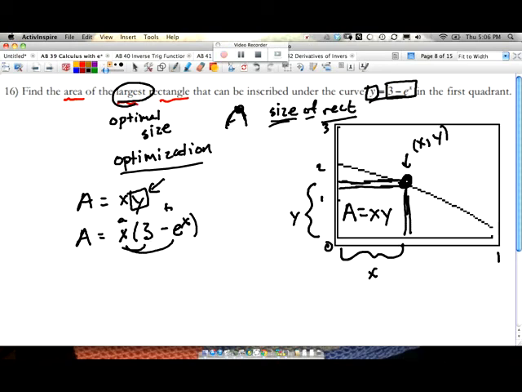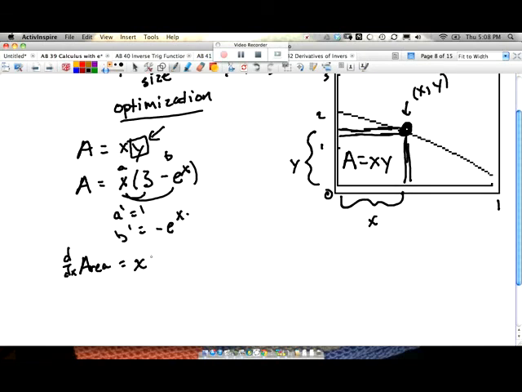Well, let's do that. So I see a product rule, a and b, so I need to find a prime. That's just 1, and b prime is going to be 3 minus e to the x, which is really minus e to the x, because it's negative 1 times e to the x. We took the derivative. Okay, so the derivative of the area is ab prime plus ba prime.